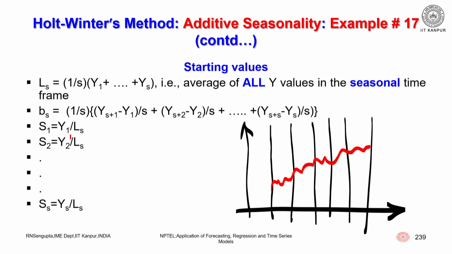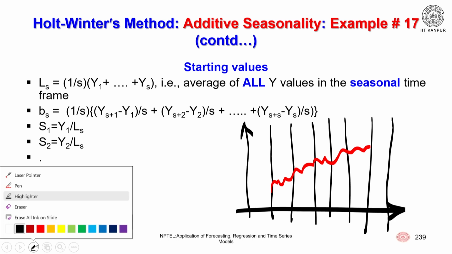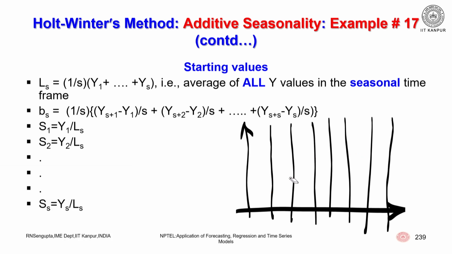Obviously, S1 would be given by y1 by ls, S2 by y2 by ls, and considering there are small s seasons, capital SS would be given by ys by ls. Now, what I mean here is if the seasonality, for example, is of 3 time frames, I should draw it carefully so it will be easy for all of us to understand.